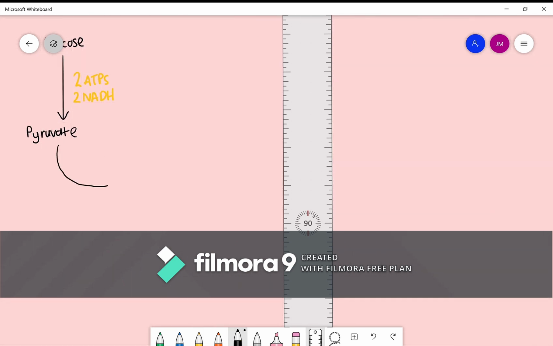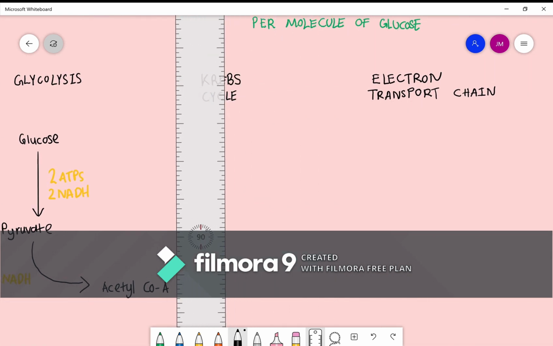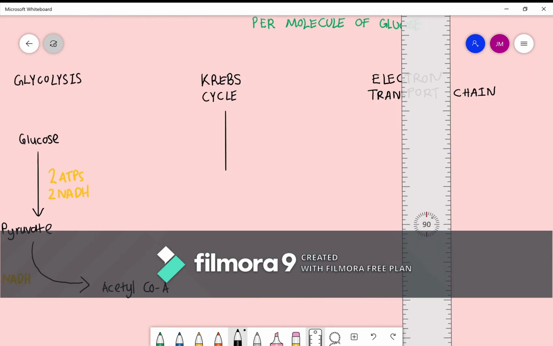In the next step, when pyruvate is converted to acetyl-CoA, we get 2 NADH. In the Krebs cycle, when glucose passes through one cycle, it gives 2 GTPs, which are energy equivalents to 2 ATPs. We also get 6 NADH and 2 FADH2.